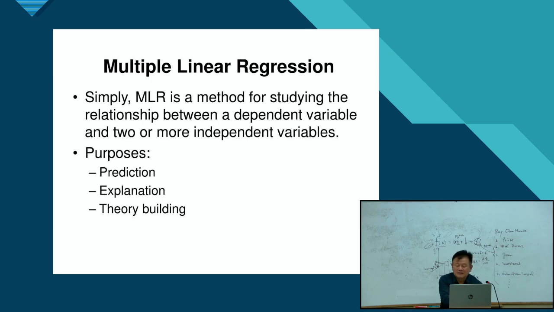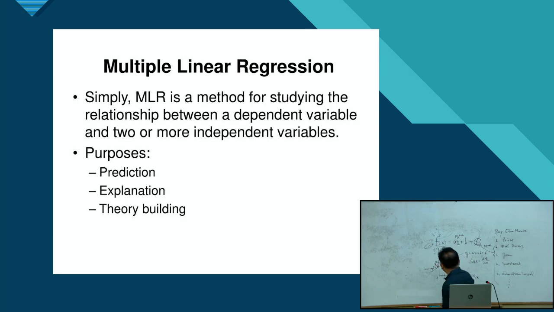The other powerful regression is multiple linear regression. Simply, multiple linear regression is a method for studying the relationship between one dependent variable and two or more independent variables.